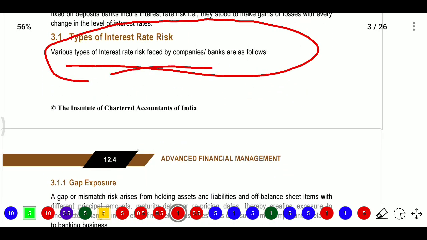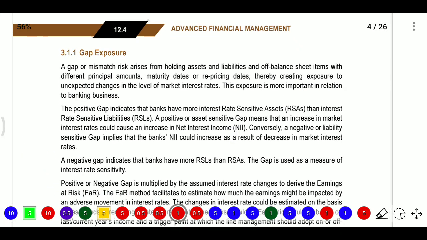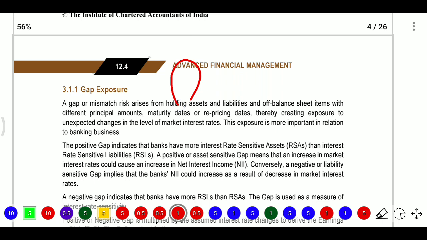What are the risks faced by the bank? The first risk is gap exposure. A gap or mismatch risk arises from holding assets and liabilities and off balance sheet items. Off balance sheet items means, for example, when you have some loans and you sell them to other parties through a securitization process, sending your assets to an SPV. These have different principal amounts, maturity or repricing dates.